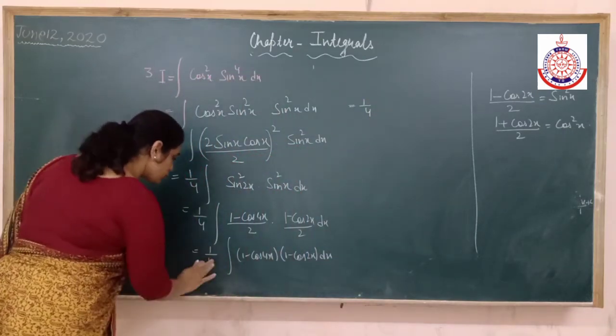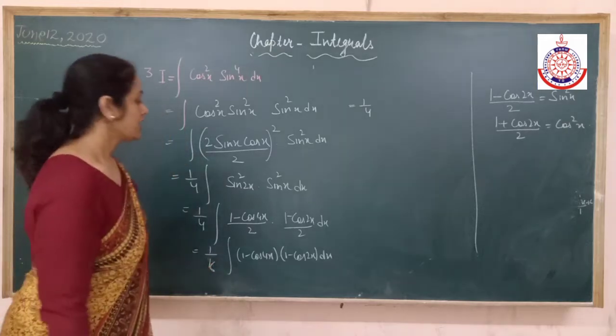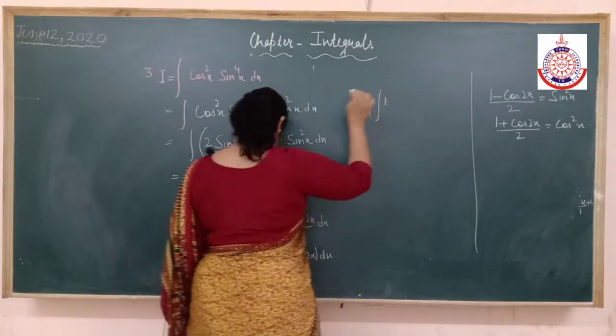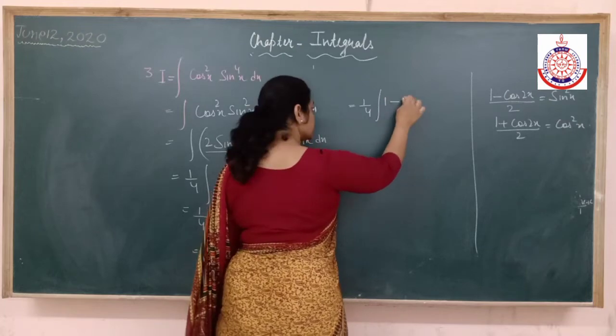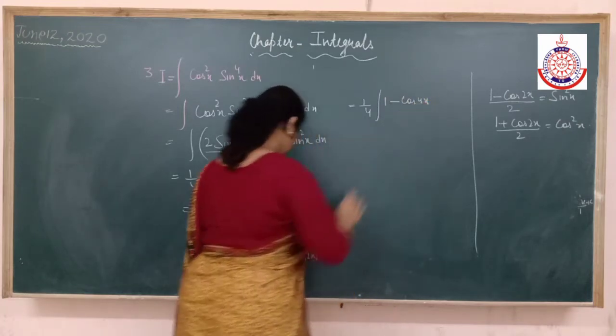It was 2, 4 was already there, so it will be 16. Multiply these two brackets.